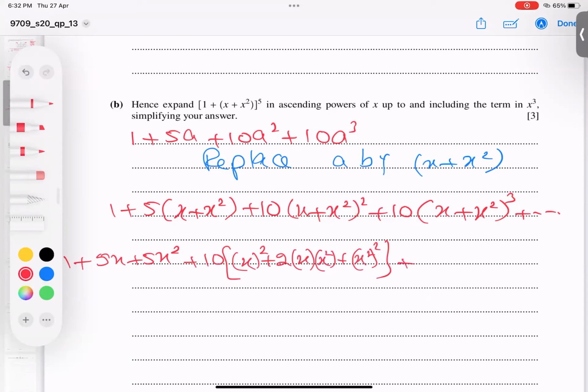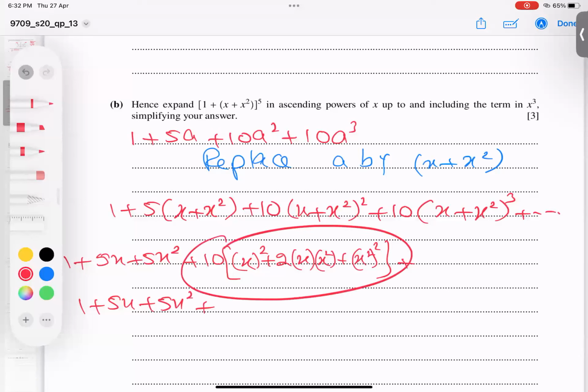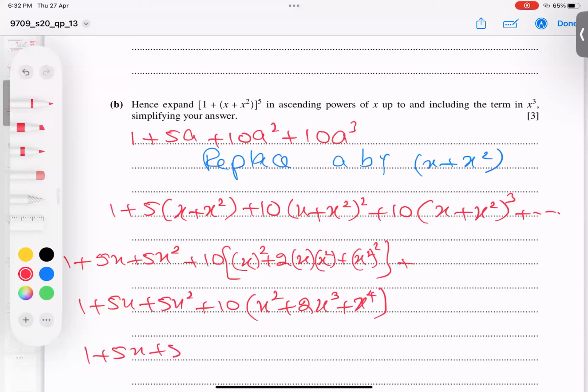Let me first finalize the other part, then I go for this. 10 multiply inside, but first I expand inside. x square into x becomes x cube. Here x to power 4.